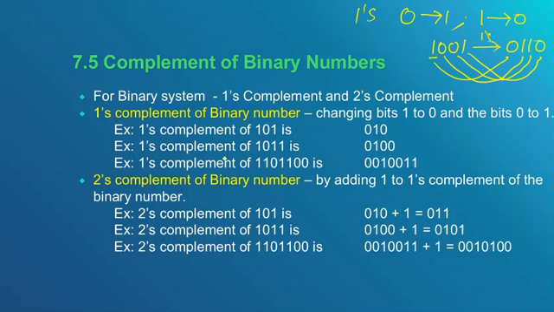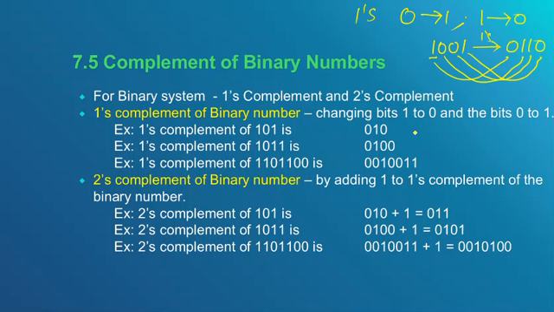I have given examples. You can see 101 is converted into 010, 1011 is converted into 0100, and 1101100 is converted into 0010011. So this is ones complement. Understand what ones complement is: very simple, converting 0 to 1 and 1 to 0.